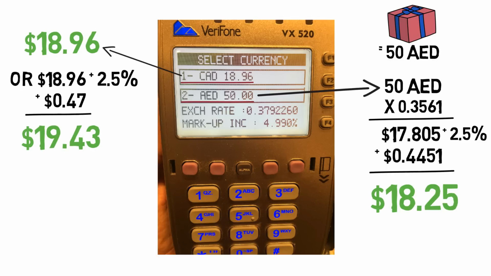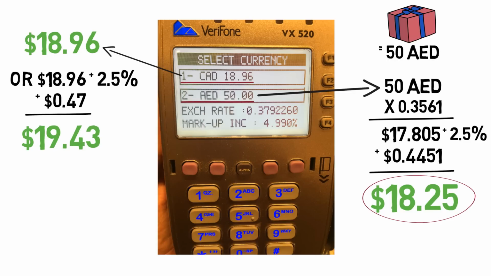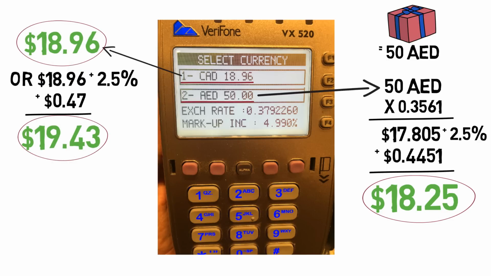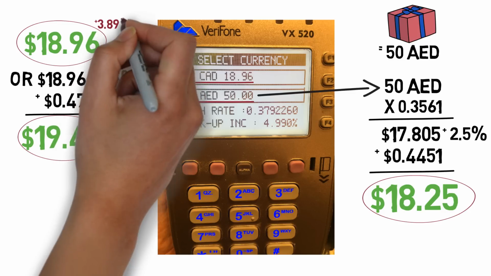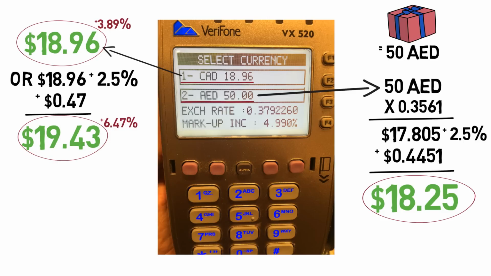So, choosing to be charged in the local currency, dirhams, had a final cost of $18.25. Choosing to pay in my home currency at the time of sale would result in a final total of either $18.96 or $19.43. That's an extra cost of between 3.89% and 6.47%.